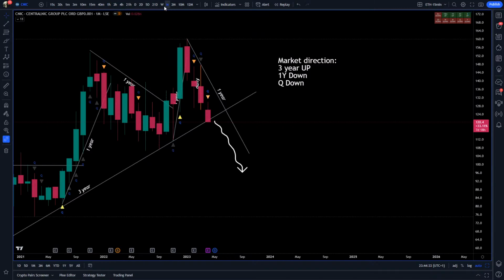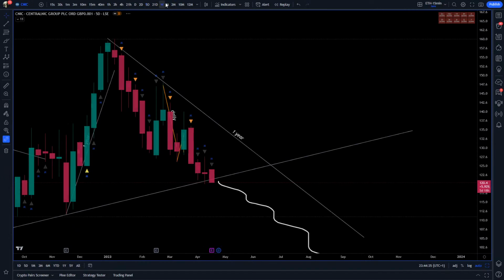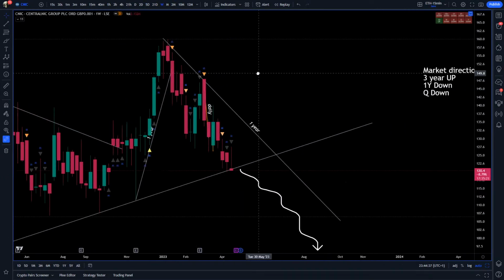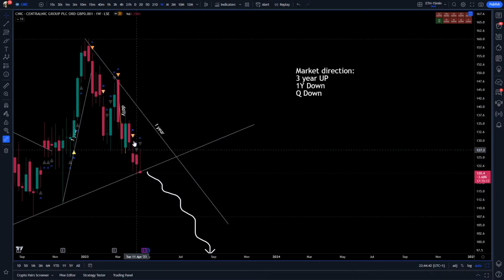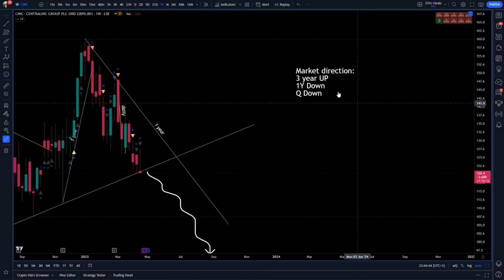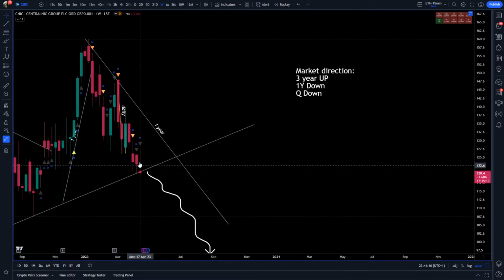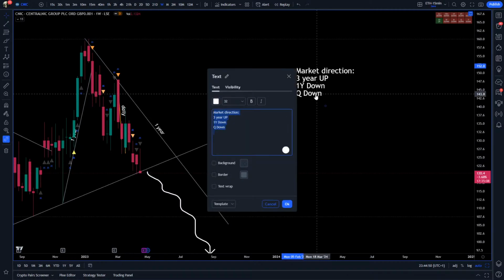And after that, we can go to the weekly to show us the monthly trend or the monthly market. In this case, the monthly market is going down. There is no sign that the monthly market is reversing up. So at this moment, we say that the monthly market is going down.